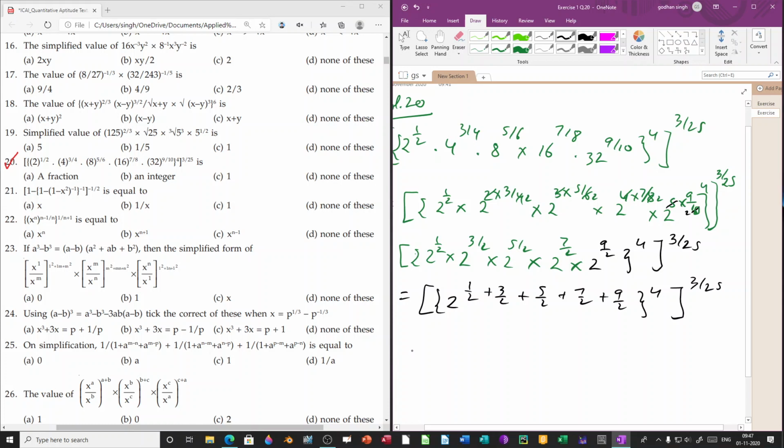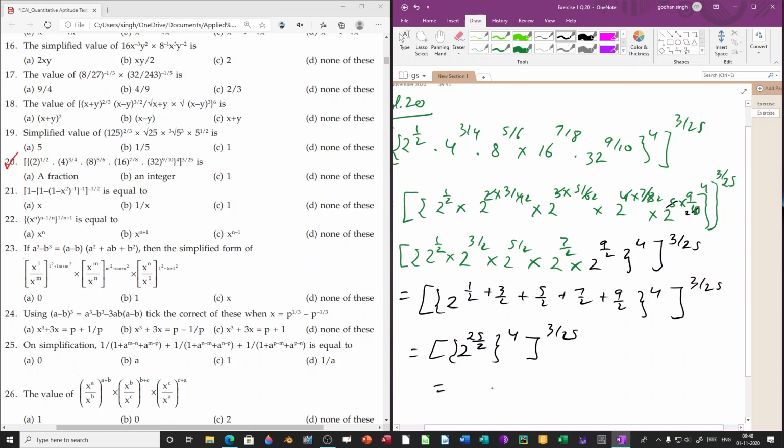So equal to, now we can add all of them. 1 plus 3 is 4, 4 plus 5 is 9, 9 plus 7 is 16, 16 plus 9 is 25. So we are getting 2 raised to the power of 25/2, then the curly bracket with the power 4, and the square bracket 3/25.